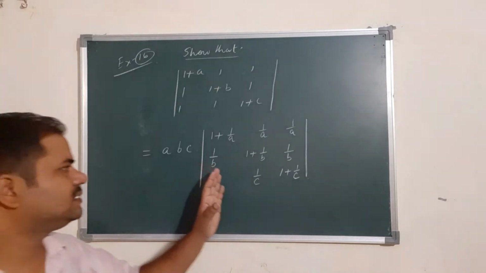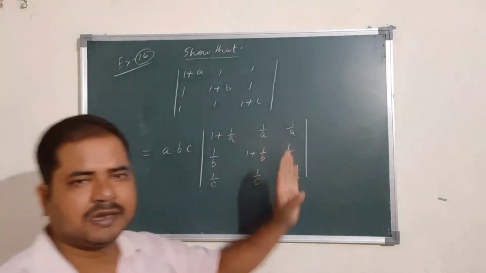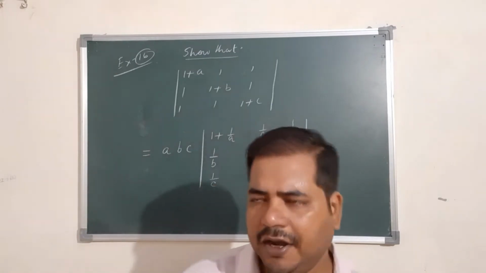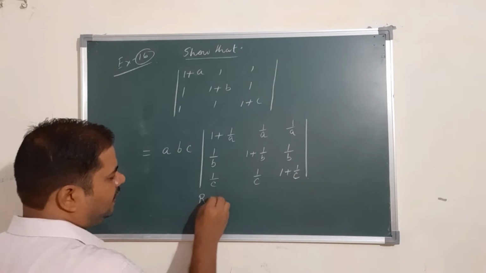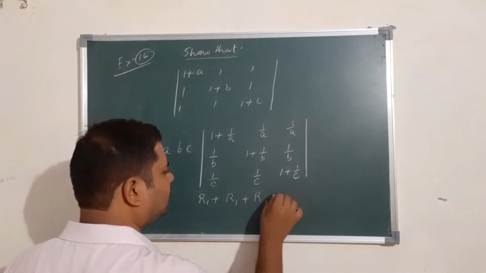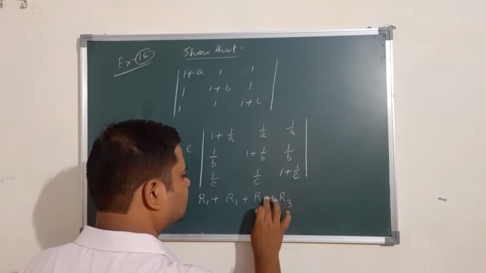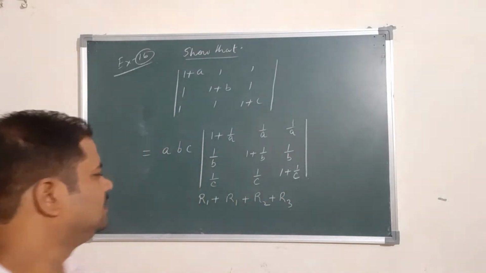So this is after taking common abc from the first, second and third row. And now you see here, we apply R1 tends to R1 plus R2 plus R3.